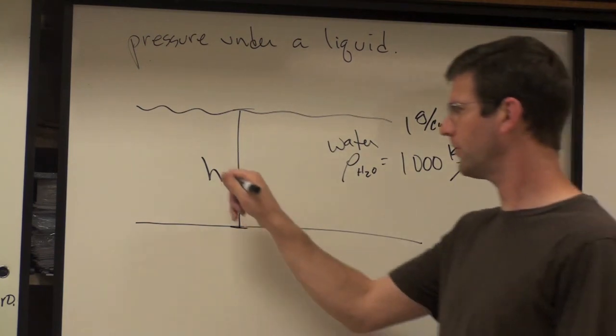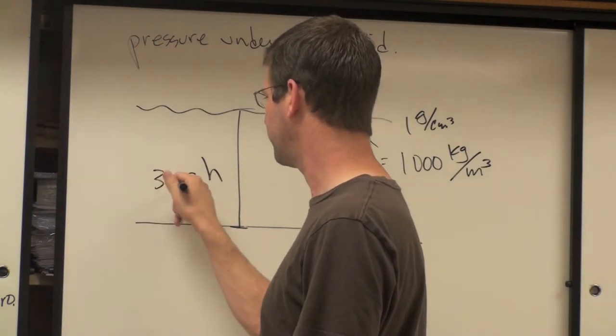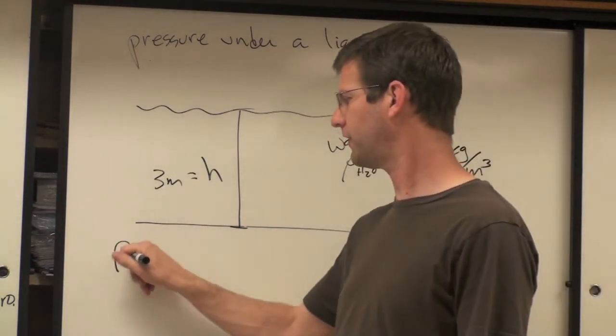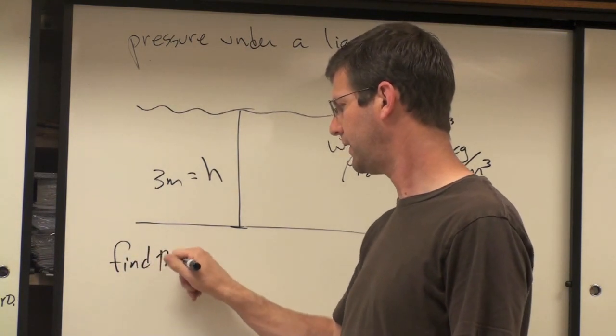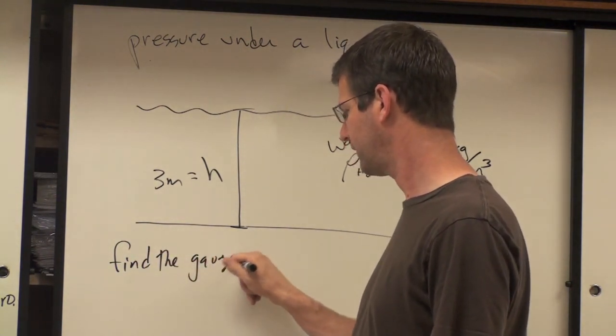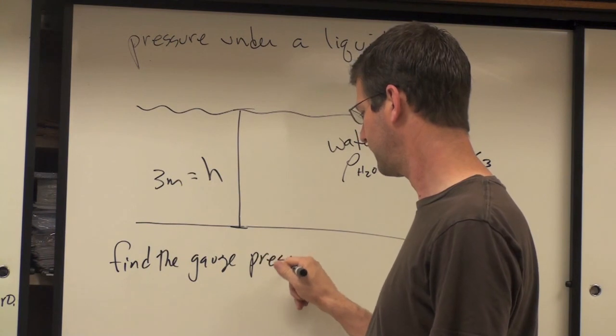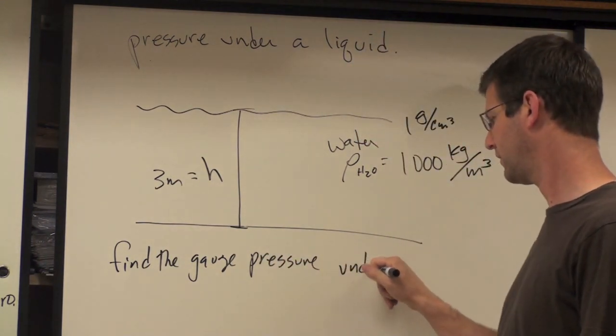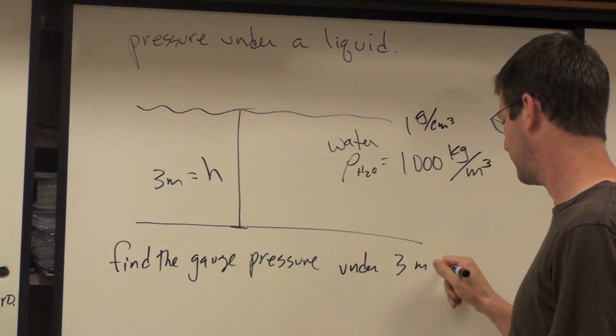So let's say we're under the water 3 meters deep. Let's find the gauge pressure under 3 meters of water.